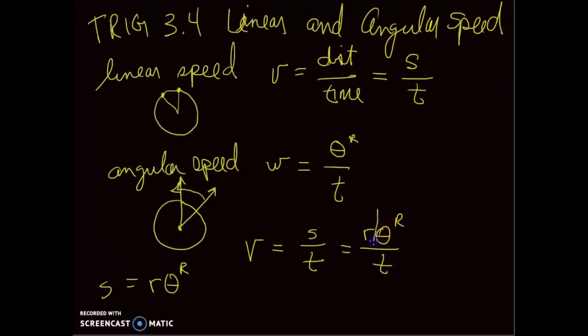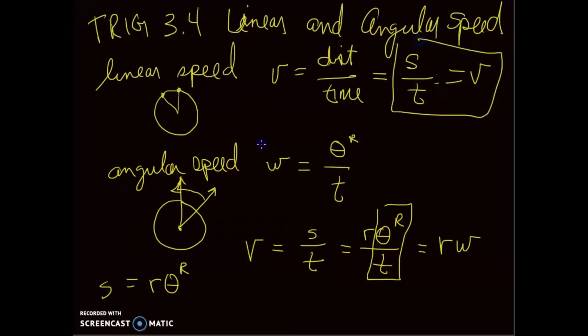But hold it, this portion is omega. So this is r omega. And those three formulas: v equals s over t, omega equals theta over t.